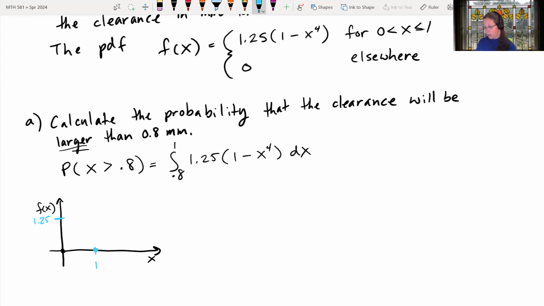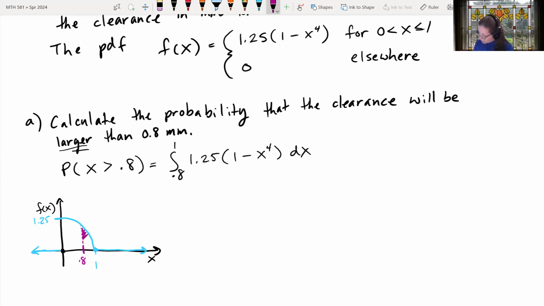If you were to graph it, it actually is going to have a downhill kind of curve to it. It's going to go down like this. And then the function itself would be 0 everywhere else. And then we're specifically looking at 0.8, what is that probability?